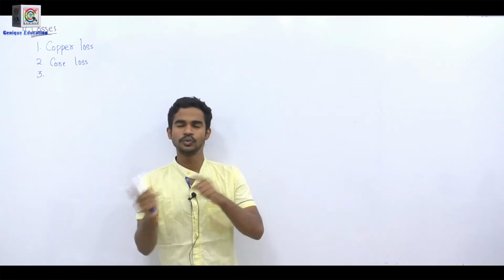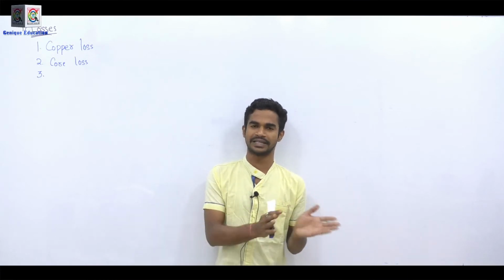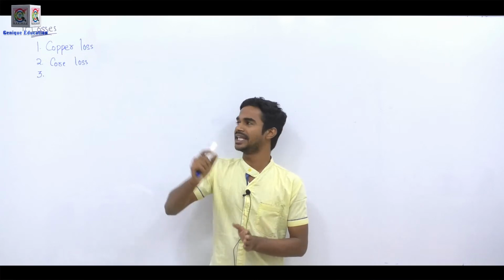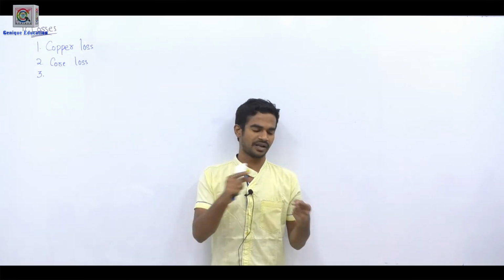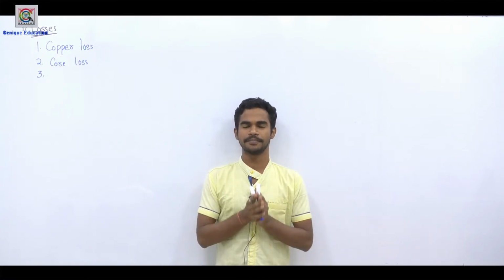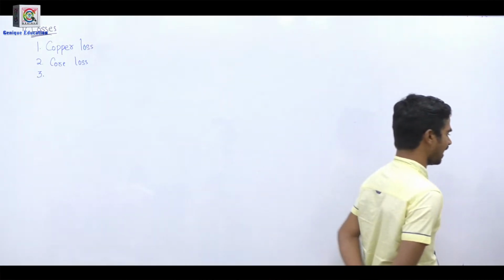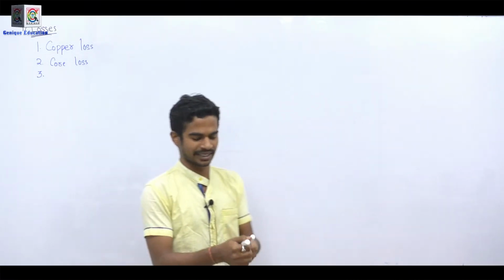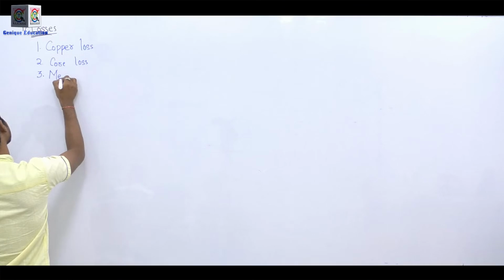These two subtopics, losses and testing, are always interlinked. I have to perform the test, then only will I get the values of the iron losses and copper losses. So tell me the third loss. Yes, obviously it is called the mechanical loss. The third one is the mechanical losses.